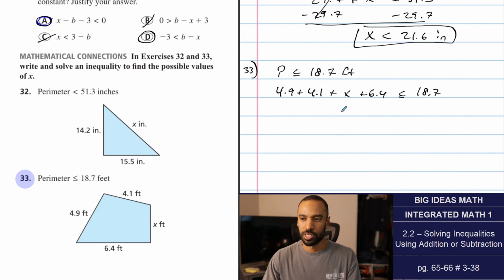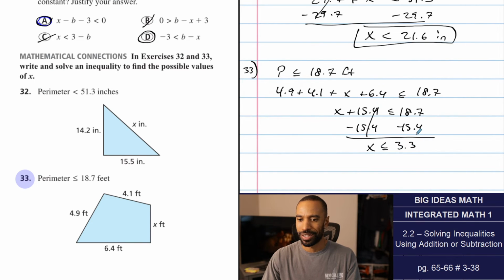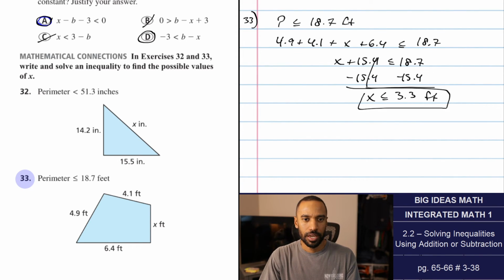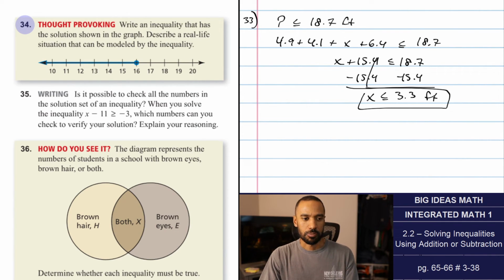These add to 9 plus 6.4 is 15.4. And when I subtract 15.4 from both sides, I'm going to get, looks like 3.3. X has to be less than or equal to 3.3 feet. If it's within it, we're good. Okay. I think this is the last page.